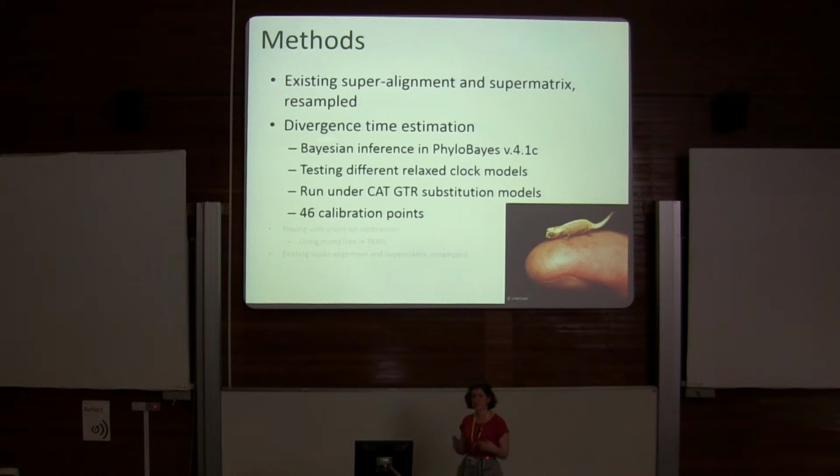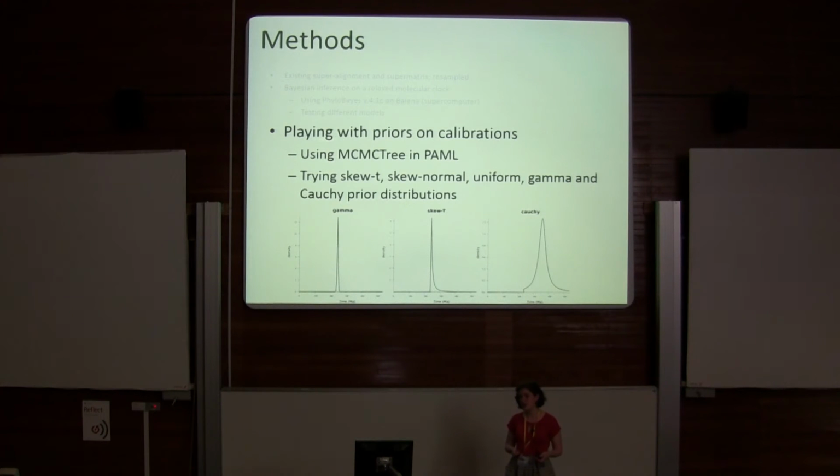And within that, you have different methods of how local clocks might be related to each other. And I have a calibration set of 46 calibration points. Both the calibrations and the outgroup taxa we find to be really important when doing preliminary analyses, because it's the main difference between my results and previous attempts at doing this, and it also recovers very different times.